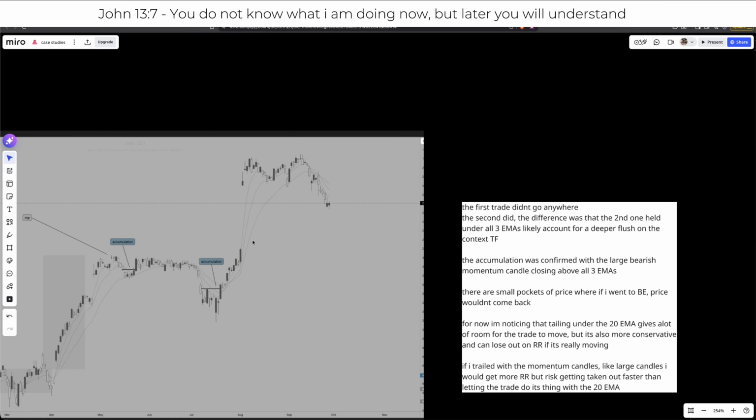And the way I can manage that is maybe, if it closes under the 20 and then closes under the 20 again, I could give it a chance to really go. Or I could do the momentum candles.